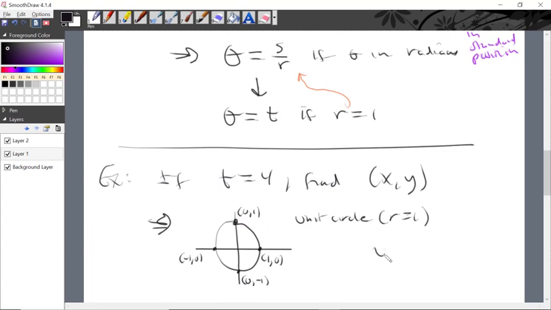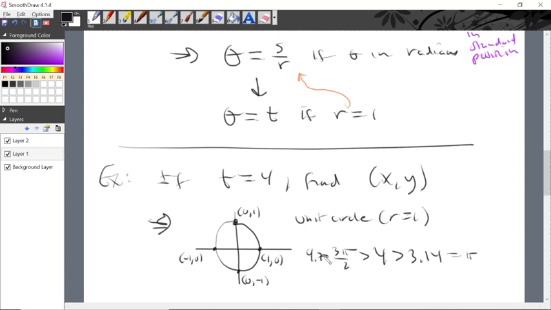Notice that 4 is greater than 3.14, that is, it's greater than pi. But it's less than 3 pi over 2, in fact. What is 3 pi over 2? Approximately 4.7.